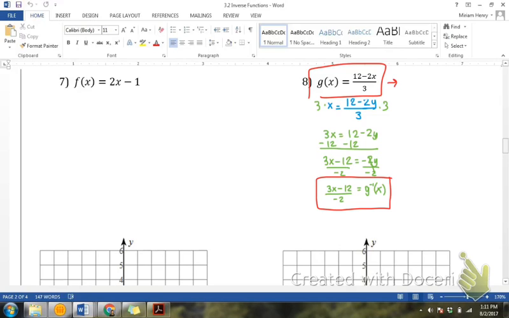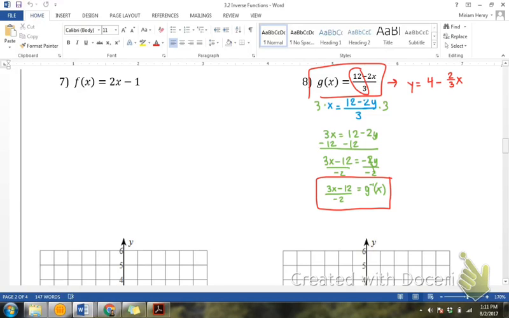First of all, I'm going to change that g of x to be a y so that it looks more like y equals mx plus b. I know that 12 over 3 reduces to what? 4. Thank you. Minus 2/3 x, because that 3 is going with both numbers.